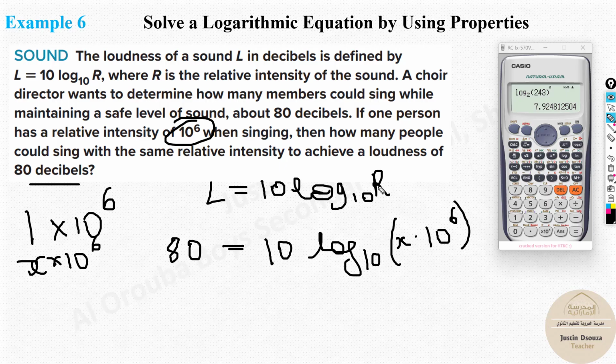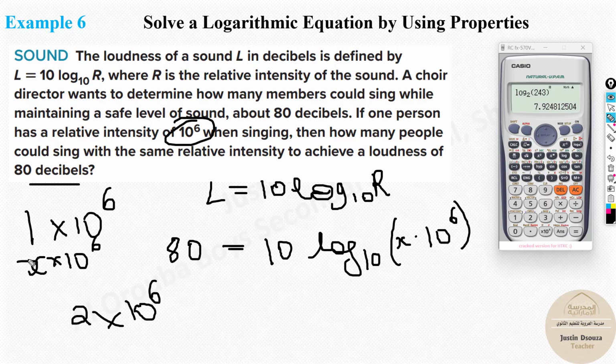But what is this relative intensity? It's for one person. One person is 10 to the power 6. If it is two persons, it will be 2 into 10 to the power 6, so it's 2 million relative intensity. So intensity depends on the number of people. Basically you can write X times one person's intensity, so you can find the number of people.